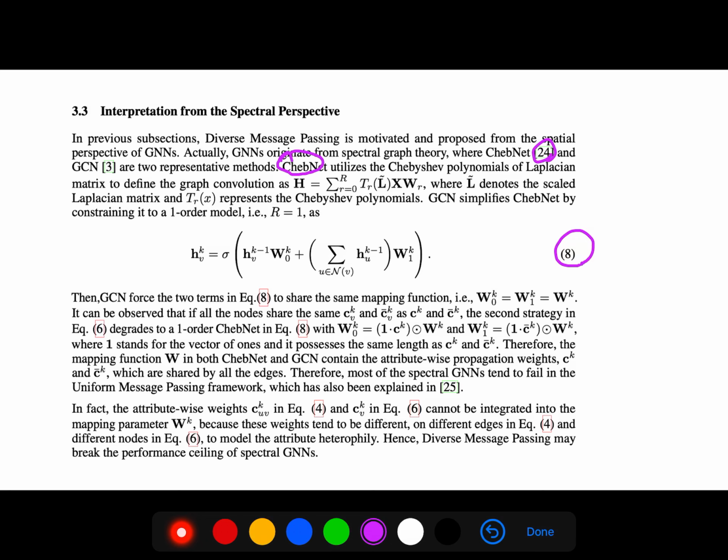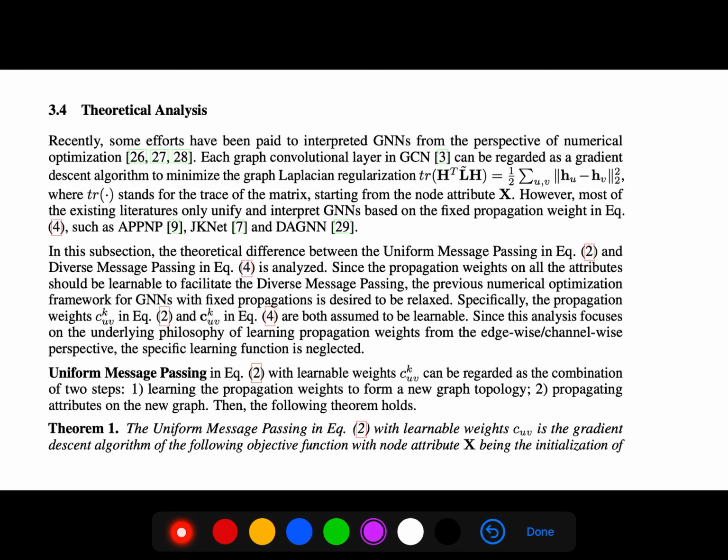In fact, the attribute weight C that I showed you in the previous slides cannot be integrated into mapping parameter WK, because those weights tend to be different on different edges and different nodes. Hence, diverse message passing may break the performance ceiling of spectral GNNs.